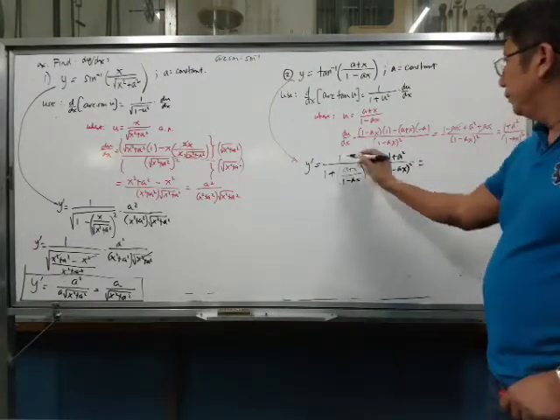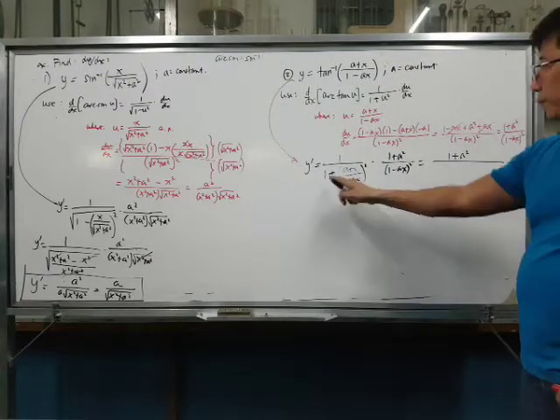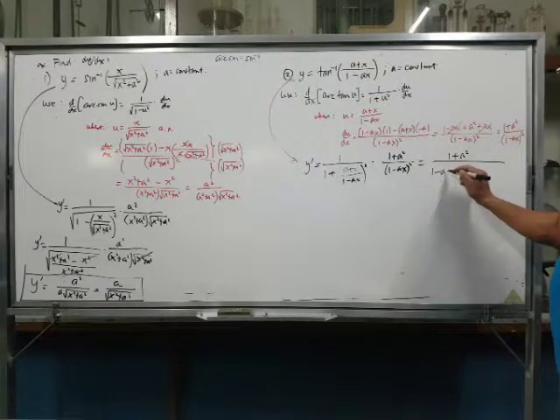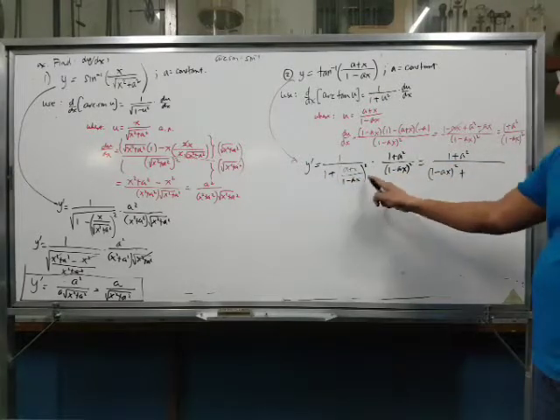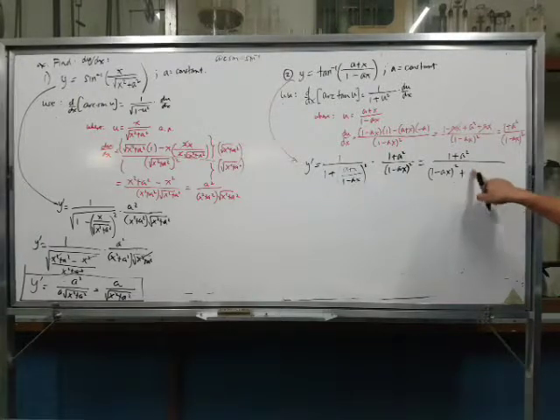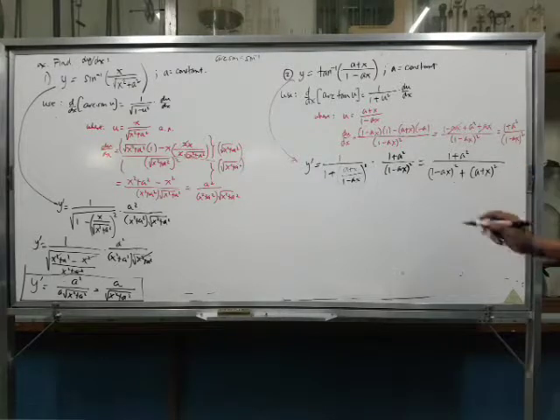So we distribute this: 1 plus a squared, this times that, so this will be (1 minus ax) squared times 1 plus, and if we distribute, this will cancel, so we only have a squared plus x squared remaining.